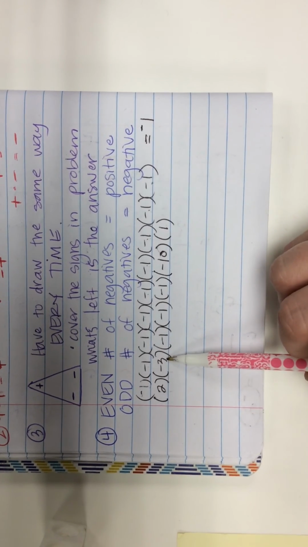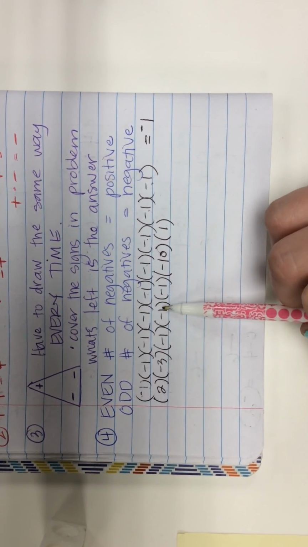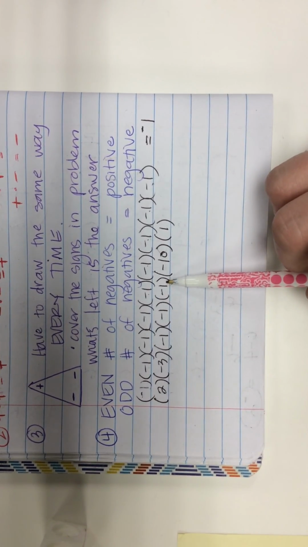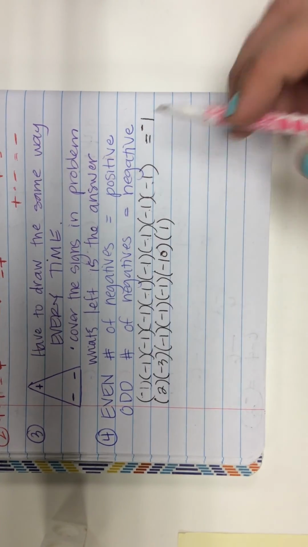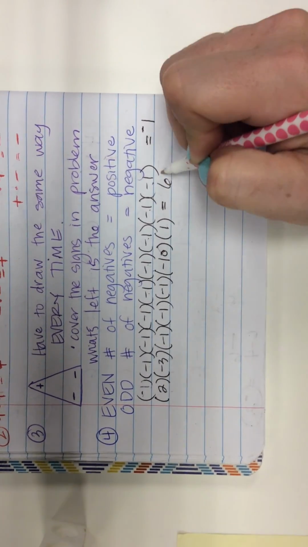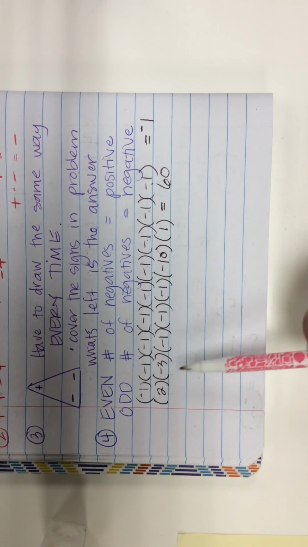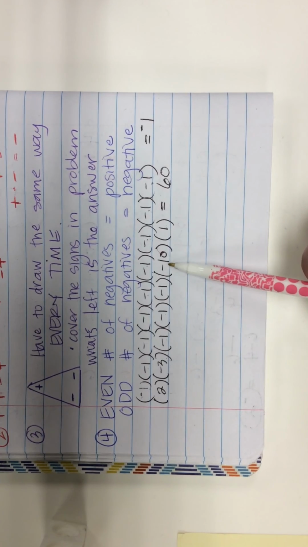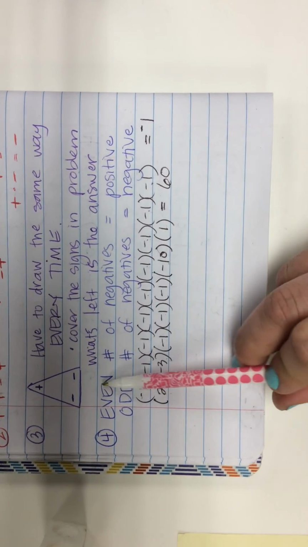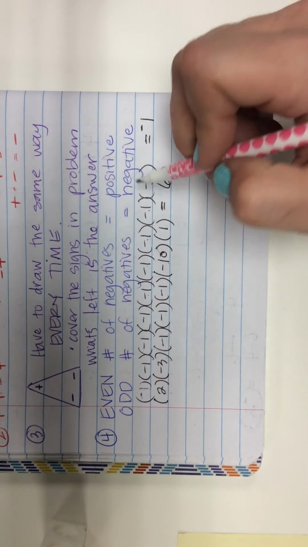What's 2 times 3? 6 times 1 times 1 times 1 times 10, 60 times 1, 60. And then I'm going to count the negatives. 1, 2, 3, 4, 5 is odd, so my answer is negative.